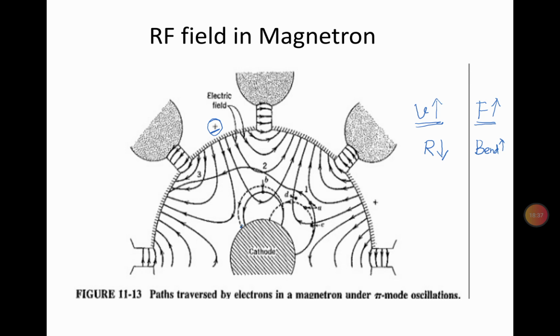The role of the magnetic force is to curve the path of the electron, so the path is even more curved, the radius is even more reduced, and it quickly comes back without even traversing the interaction space. So no retardation happens, no energy transfer happens, and these electrons leaving the cathode during the positive potential are non-working electrons. They are taking away energy from the field rather than giving.